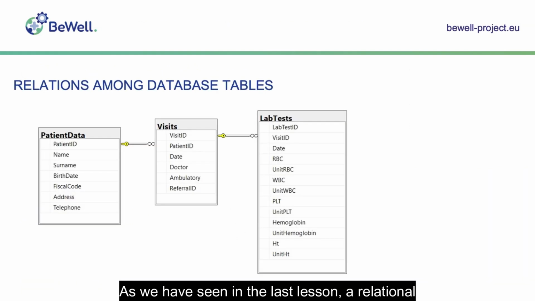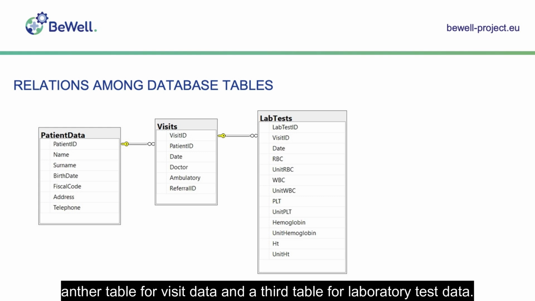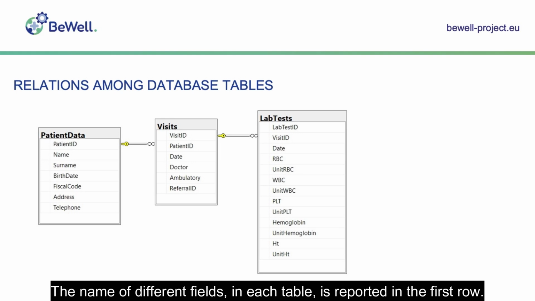As we have seen in the last lesson, a relational database is composed of different tables in which the information of a single patient or a single event are linked by the primary keys. As you can see in this example, we have a table for patient data, another table for visit data, and a third table for laboratory test data. The names of the different fields in each table are reported in the first row.